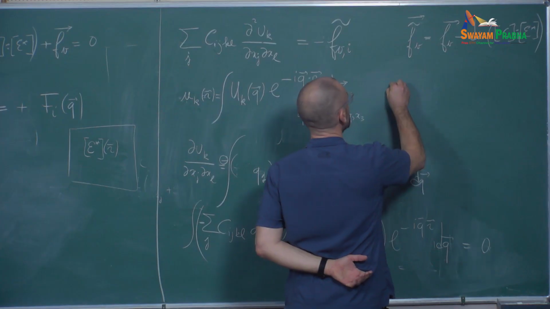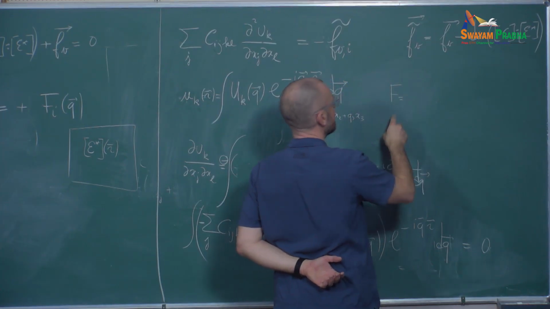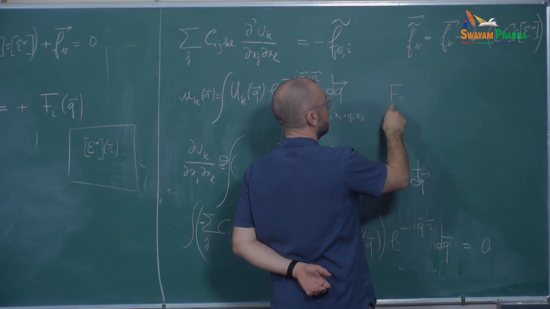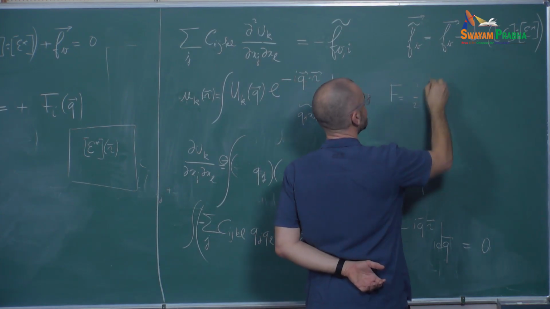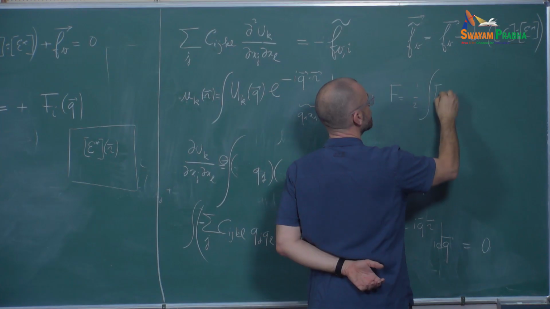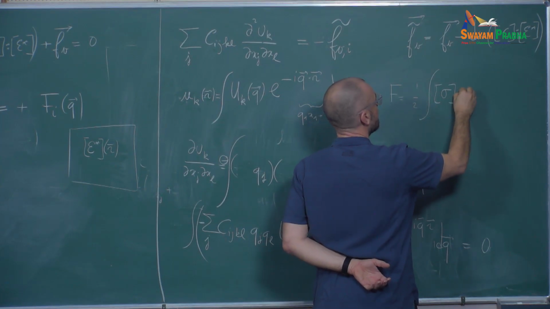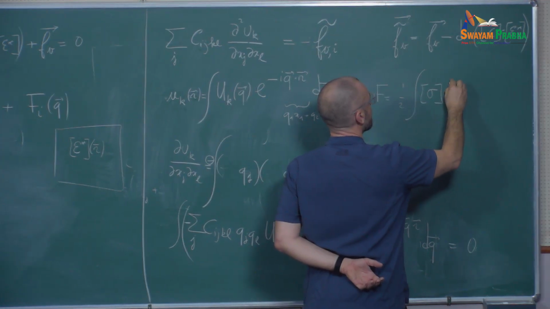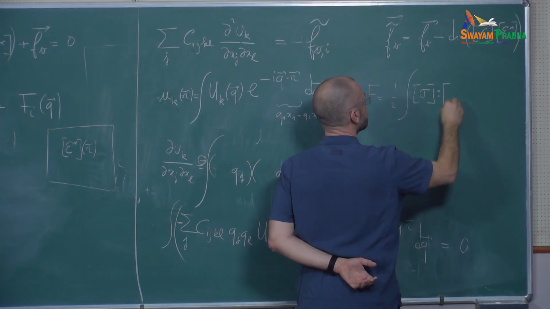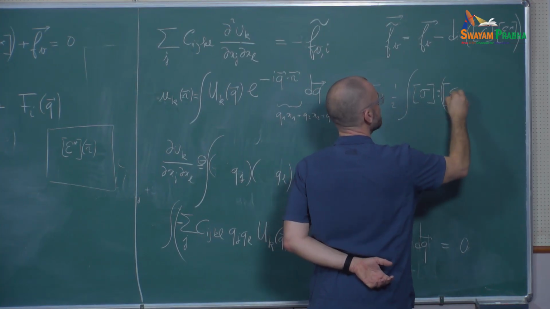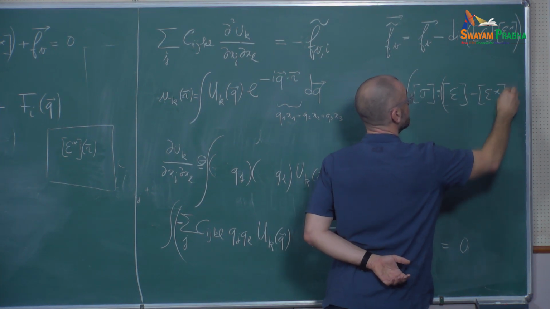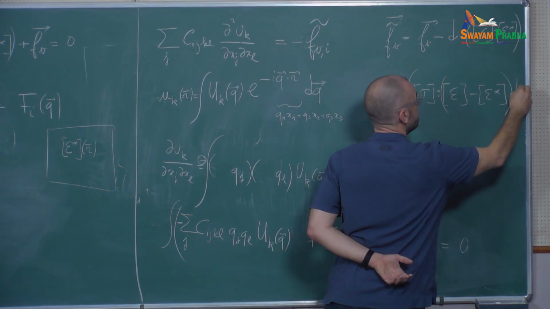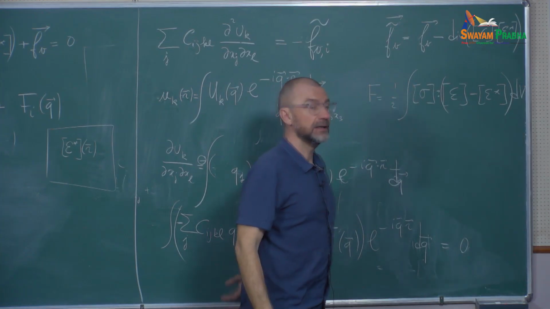So typically, what you do is, we have seen that the elastic energy is 1/2 of the integral of the stress contracted with epsilon minus epsilon star, dV, right?